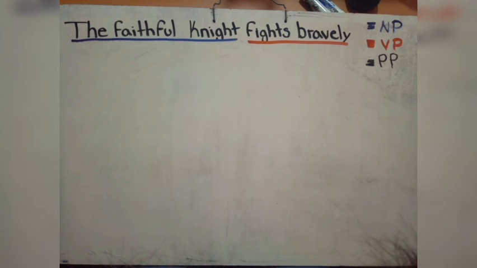Well, we have the last example. Let's try it, okay? Well, the sentence says, the faithful knight fights bravely. We're going to start to classify the parts of the sentence. First of all, we have the faithful knight. That part is the noun phrase. Then we have the verb phrase, that is fights bravely.